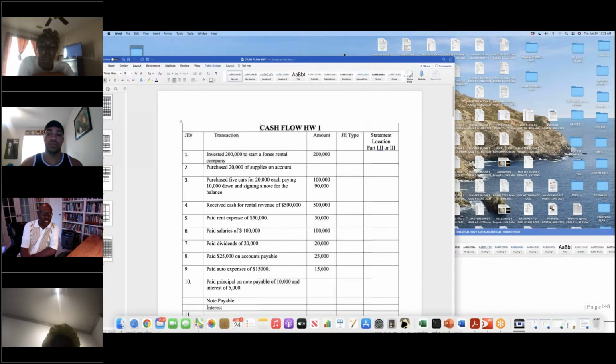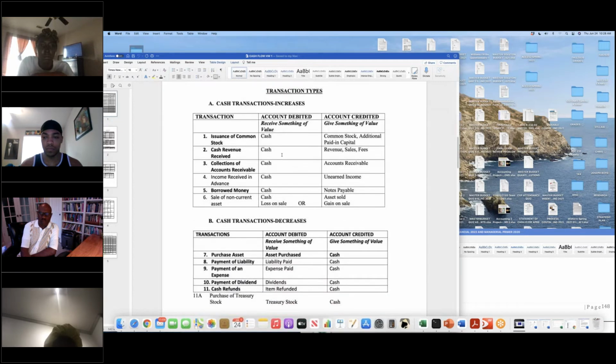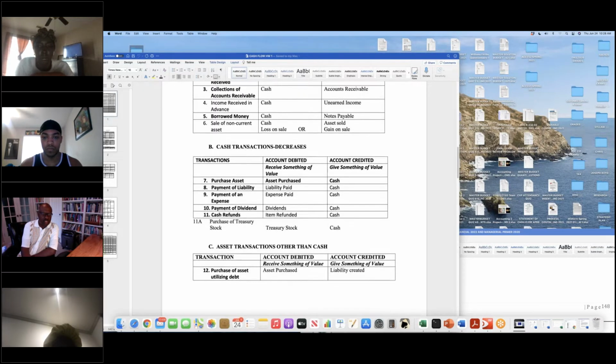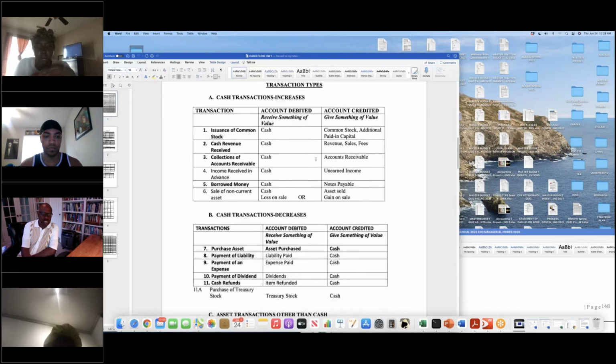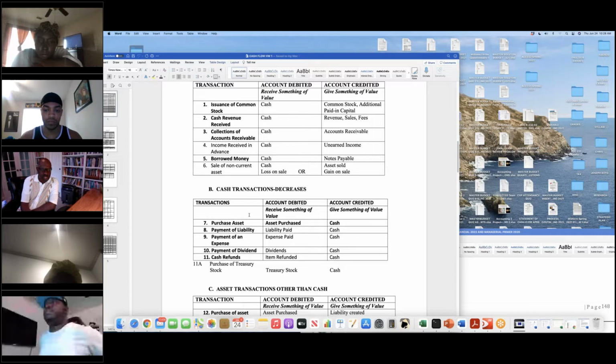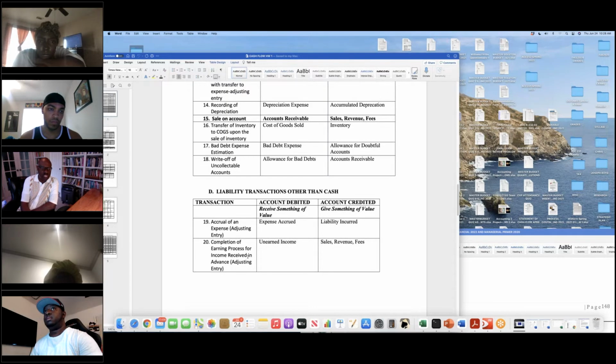So in your cash flow homework, the reason these problems are good is you have your transaction types. So that's there with the problem, so you can identify what type of transaction it is. And we said if it's 1 through 11, it's fine. It goes on the cash flow statement. If it's 12 through 20, then no, it does not go on the cash flow statement.